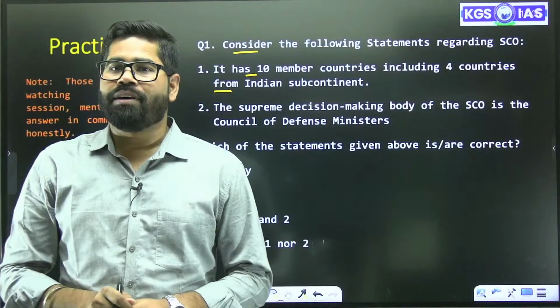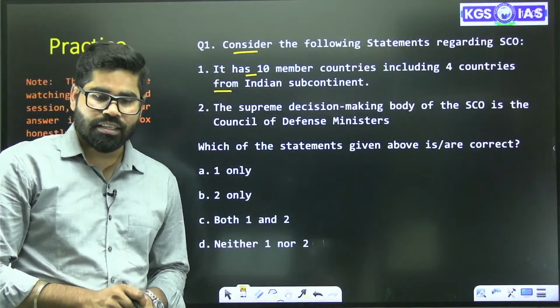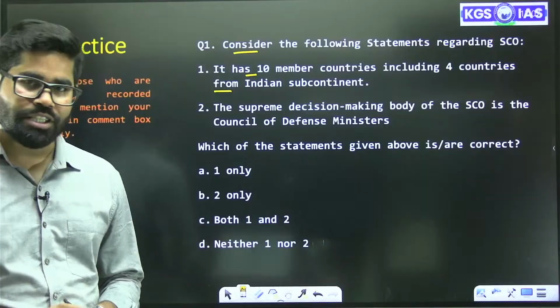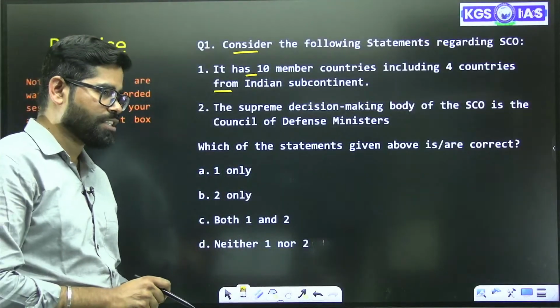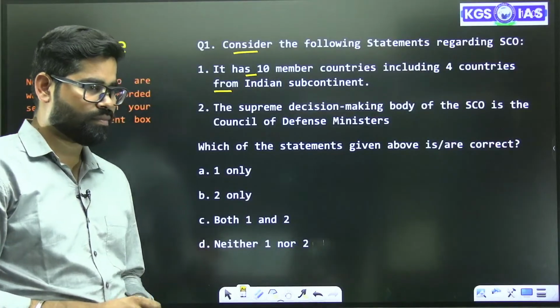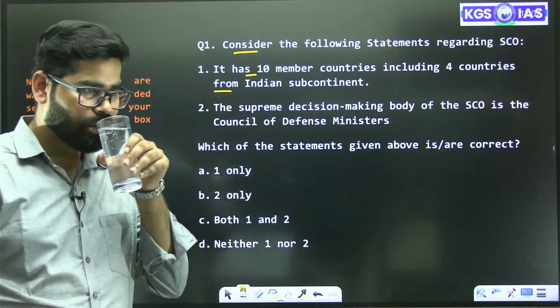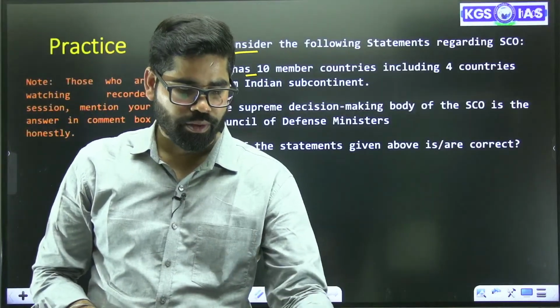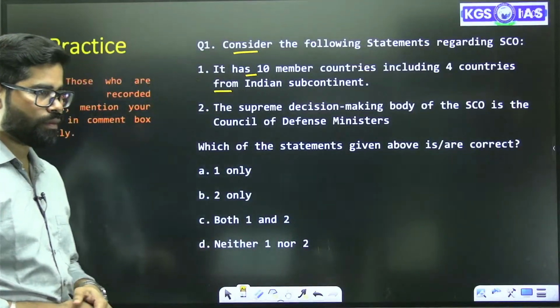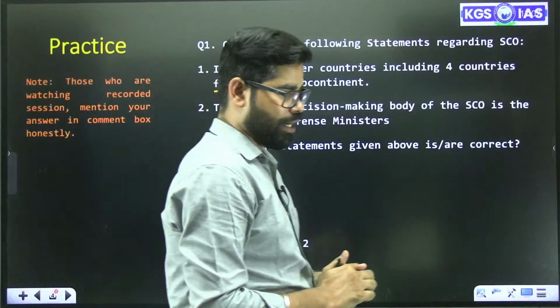It has 10 member countries, including 4 from Indian subcontinent. The supreme decision-making body is the Council of Defense Ministers. So which of the statements are correct? A option, okay.